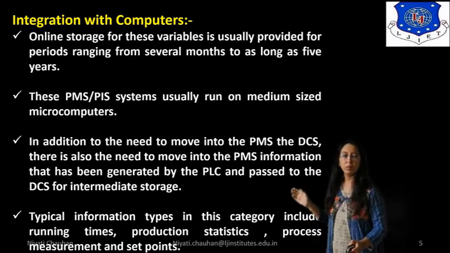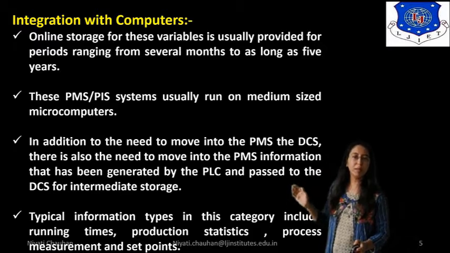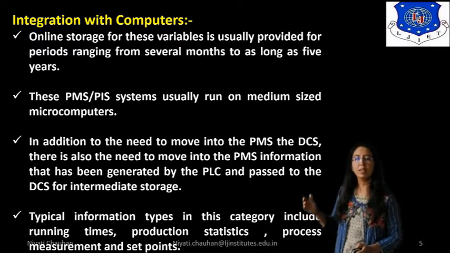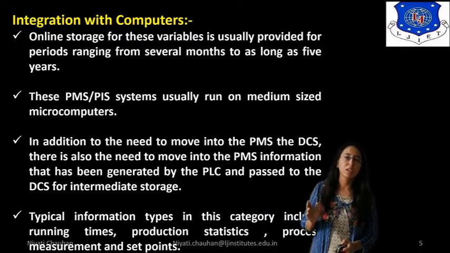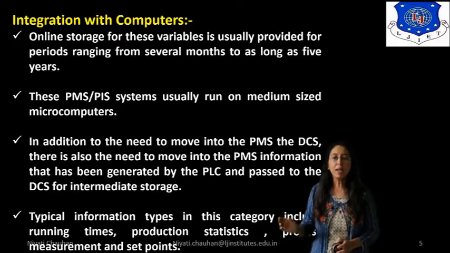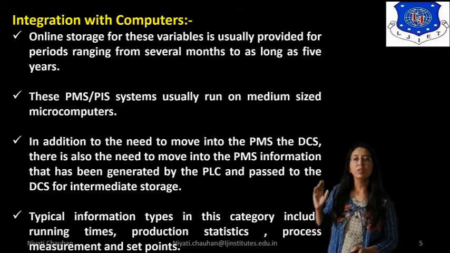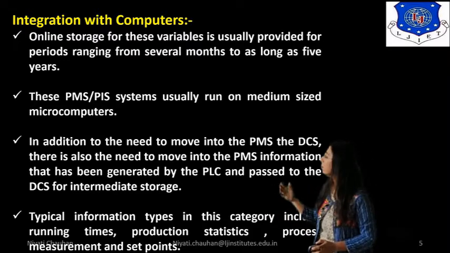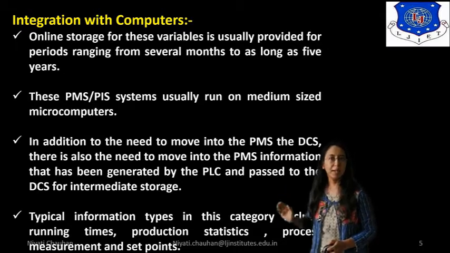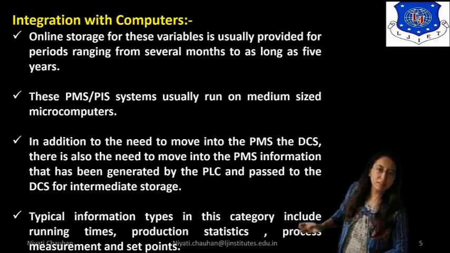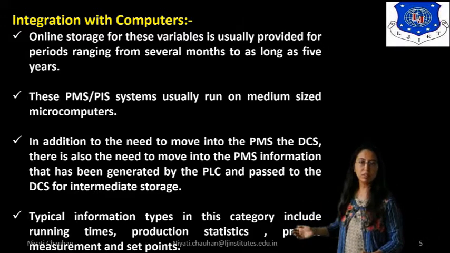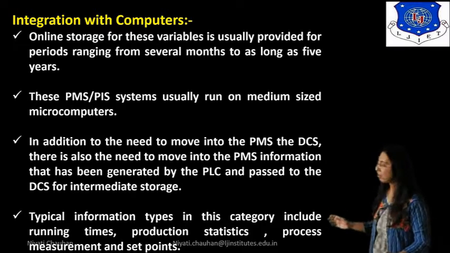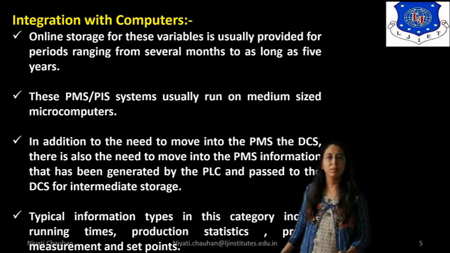In addition to the need to move data into the PMS from the DCS, there is also the need to move into the PMS information that has been generated by the PLC and passed to the DCS for intermediate storage. Typical information types in this category include running times, production statistics, and process measurements and set points.